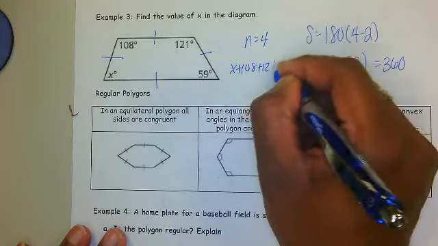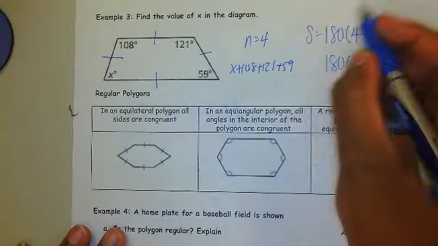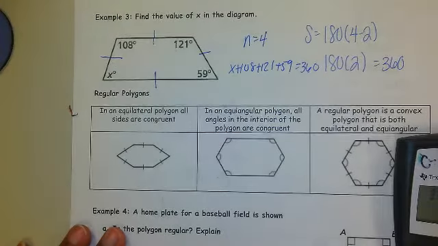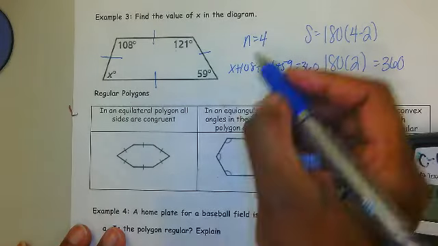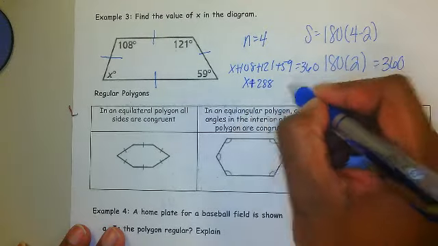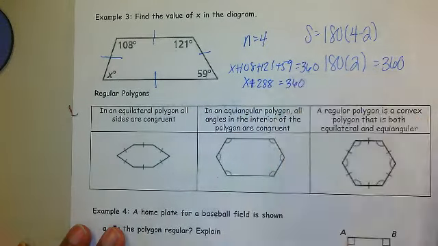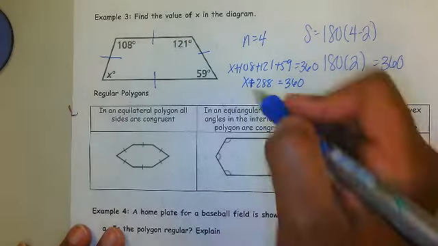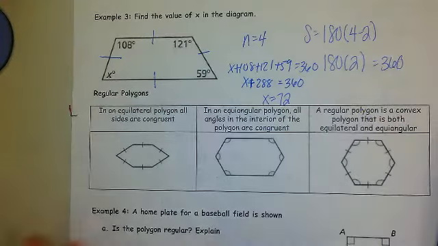So x plus 108 plus 121 plus 59 has to equal 360. 108 plus 121 plus 59 gives me 288. So x plus 288 equals 360, and 360 minus 288 gives me 72.